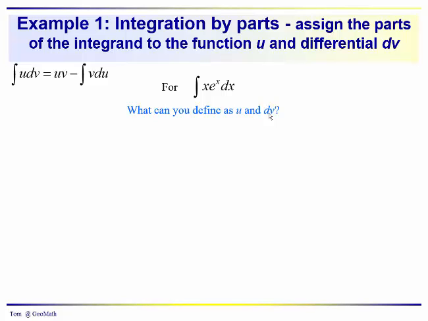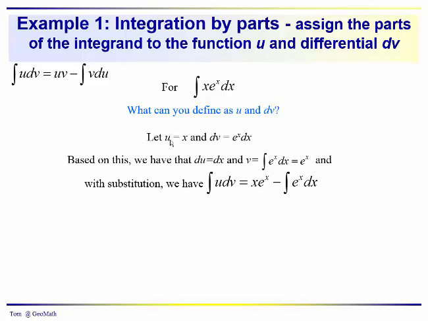There are several possibilities here. So u could be equal to x, or u could be equal to e to the x, and dv would be equal to e to the x dx, or dx. Take a minute and pick your u and your dv.